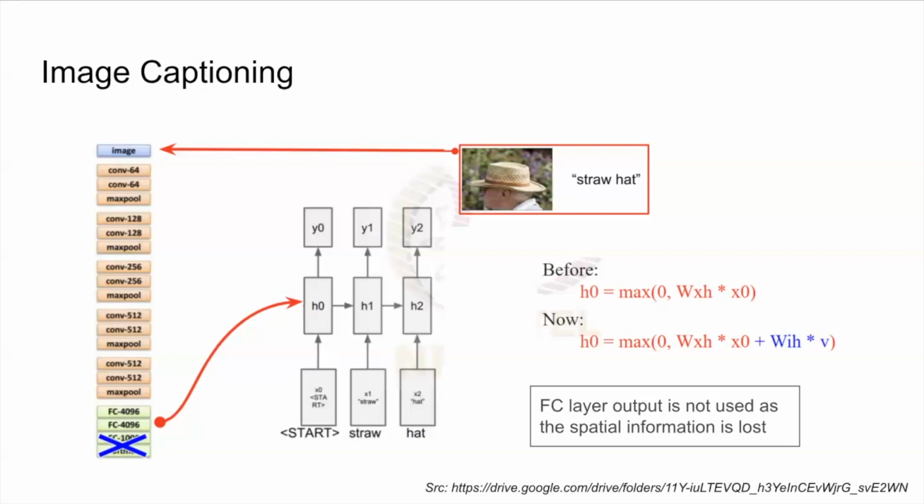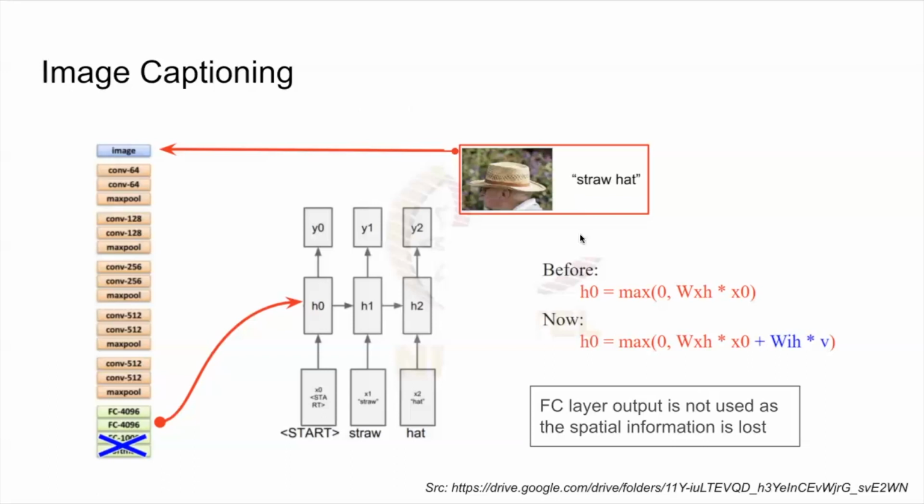So the context vector is a representation of the word that the image is describing, and the image as well. It maintains a way to be equivalent to both types of data. When we do that, we generate the output straw hat.